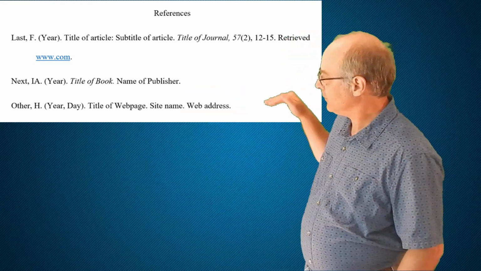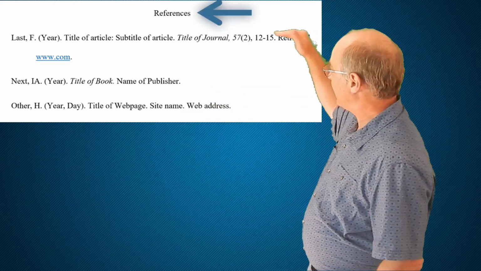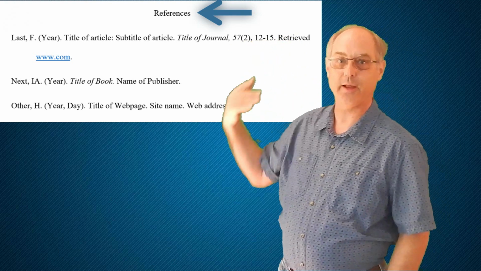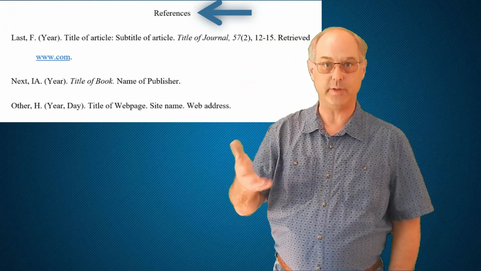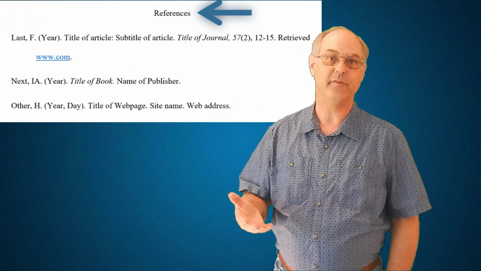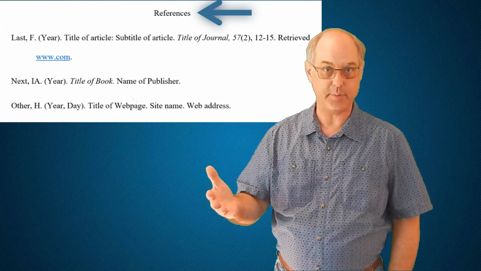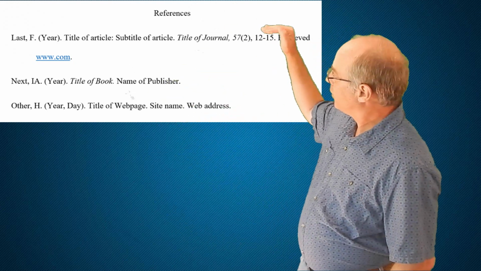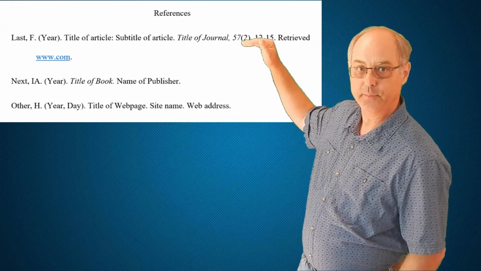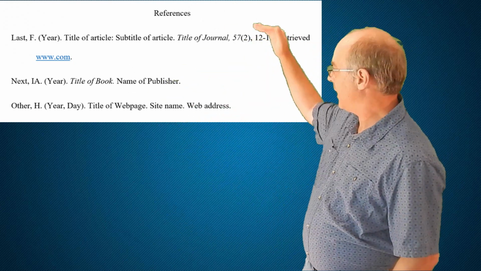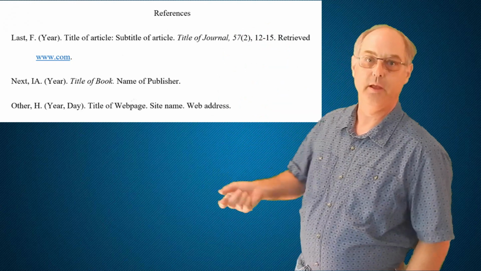So the references list has the word references at the top. It's in standard Times New Roman 12-point black typeface font. That's the standard for everything in APA. You have the word references centered above your list, and then you have the list itself.